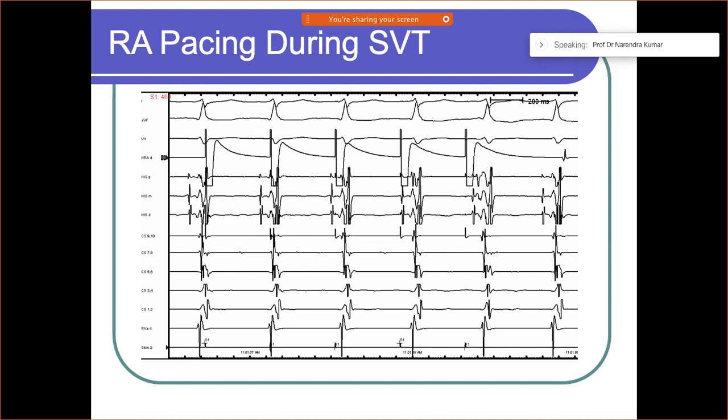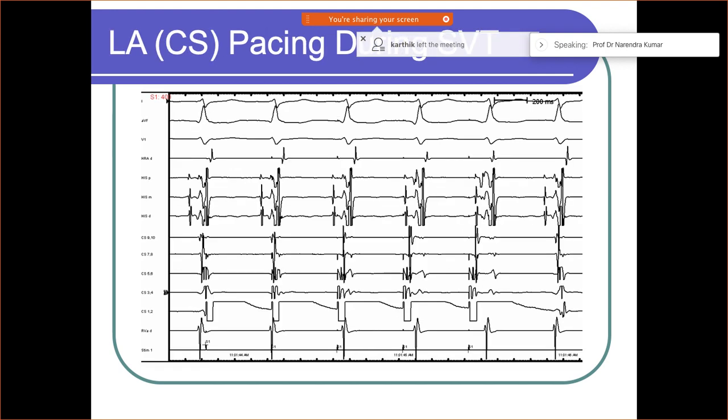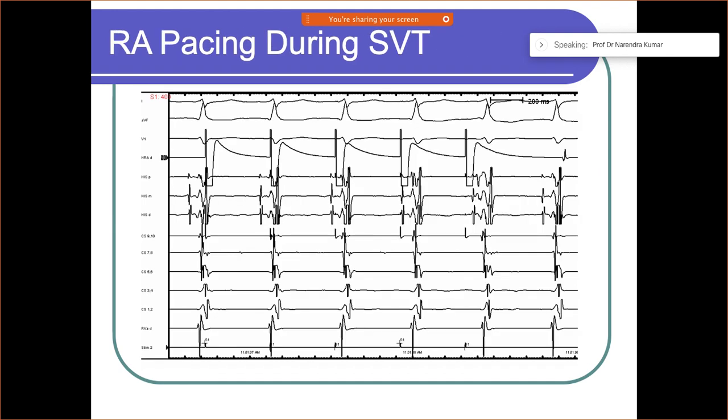What we try to do over here is we can do two things. One is the pacing, RV pacing, we did it, and we try to stop and see what is the response, which we saw already over here.